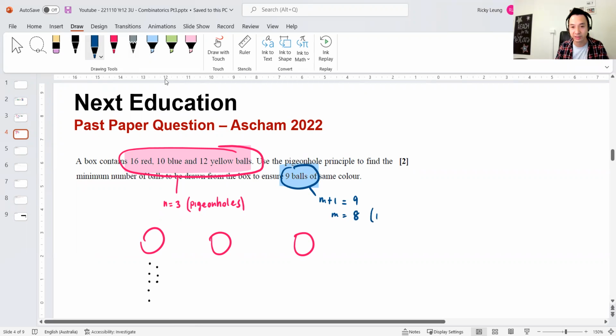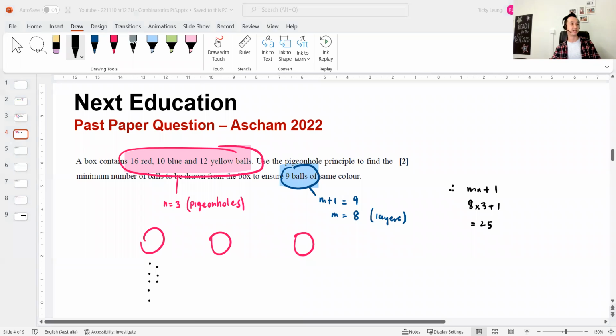This is the layers. So the layers is 8, and I need to fit them in 3 pigeonholes. Therefore m times n plus 1 is 8 times 3 plus 1, which is 25. Makes sense? So I need at least 25 to ensure that I've spread it so evenly that, let's see if I can do that.